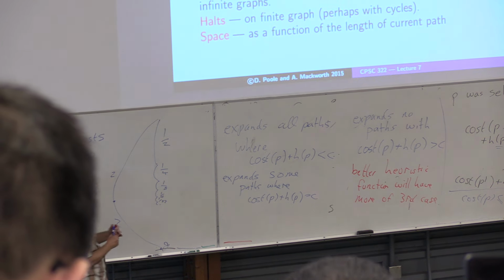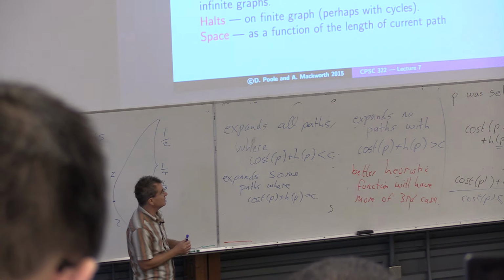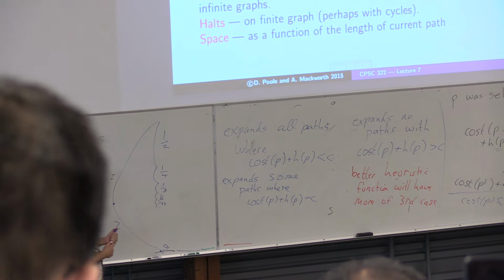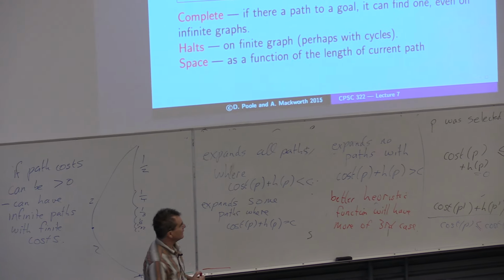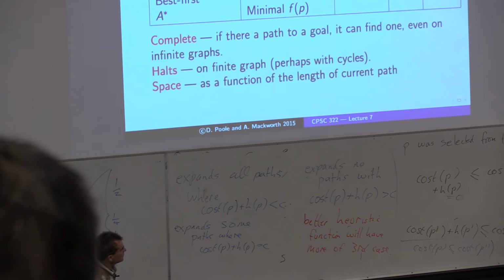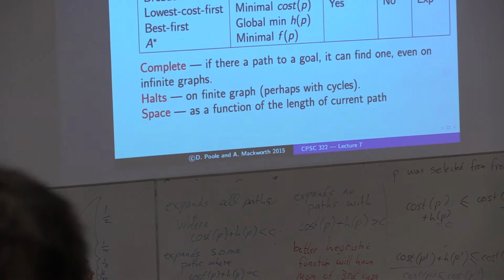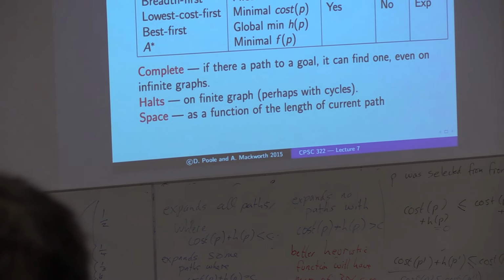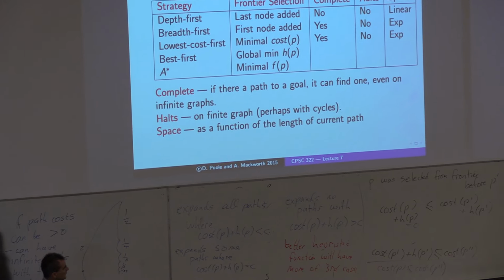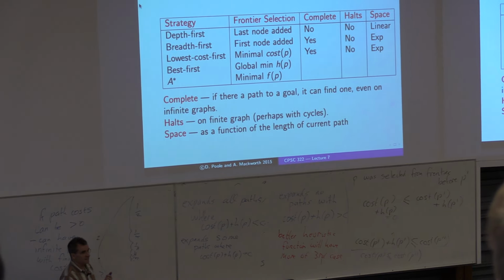All right, so here's the summary of the search strategies we've seen. This is what we had last time. Depth first is not complete, breadth first and lowest cost first are not complete. None of them halt. Depth first search has linear space. So what happens for best first search?